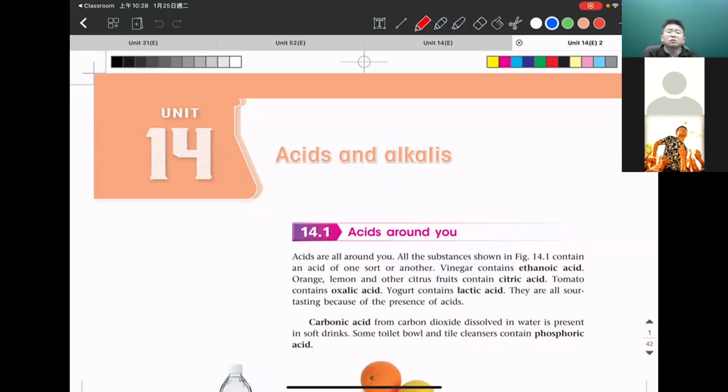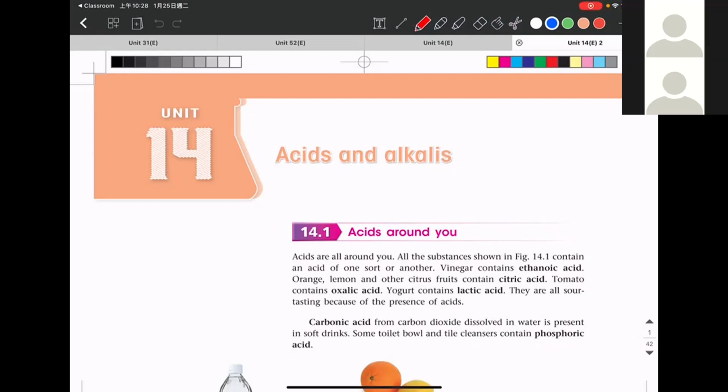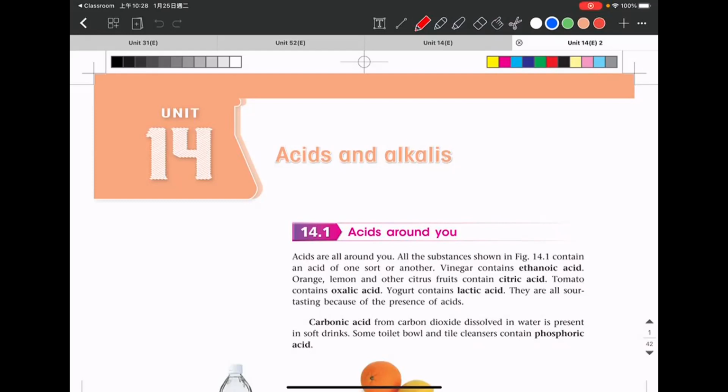Okay, now welcome all of you on Zoom. Today we would like to have a topic on acids and alkalis, right? Somebody may have heard of it in Form 2, isn't it? So could you please say it out or write in the chat box your understanding of acids and alkalis?